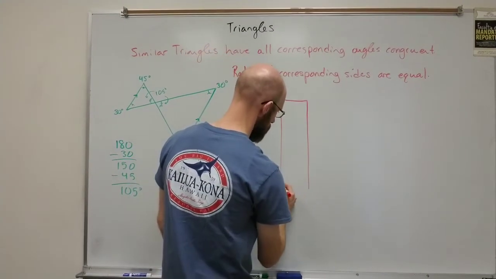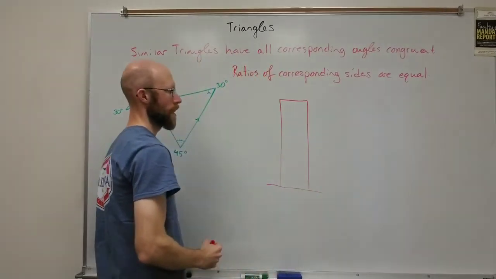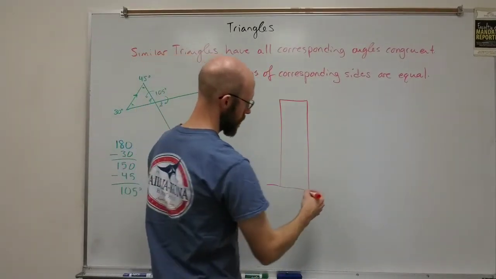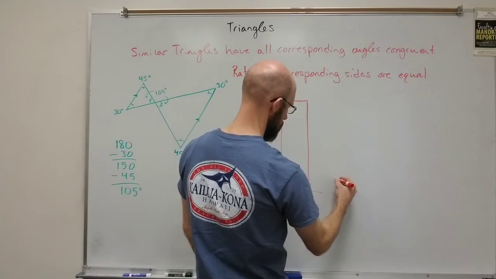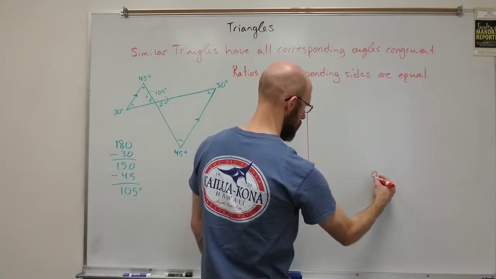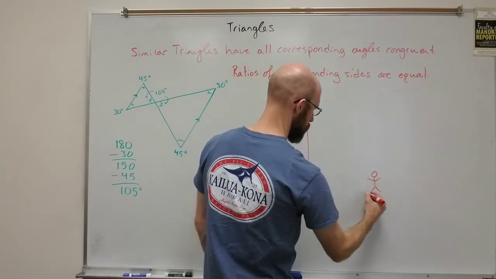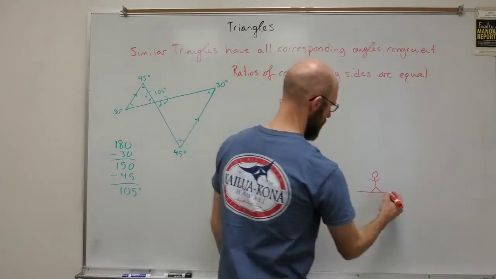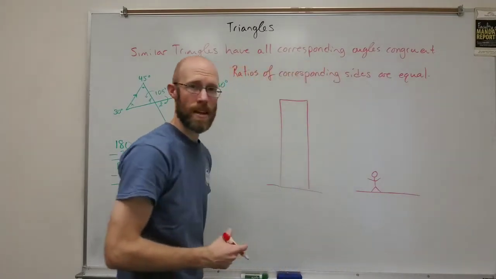So you have a building here, and let's say you had a person standing over here as well. Very crude drawing, right? And the sun is at a certain angle.